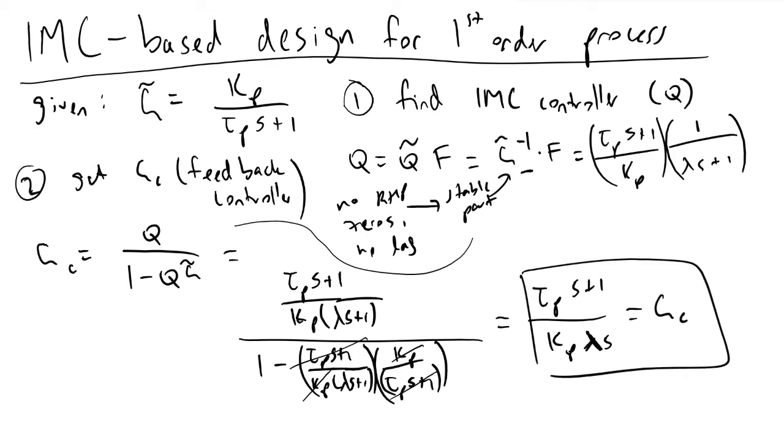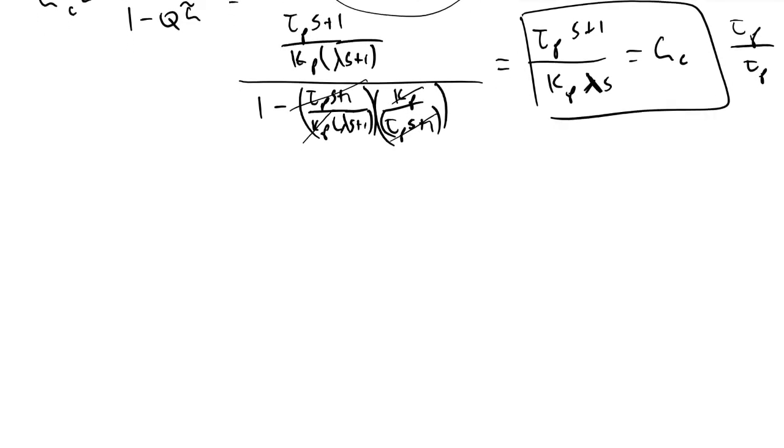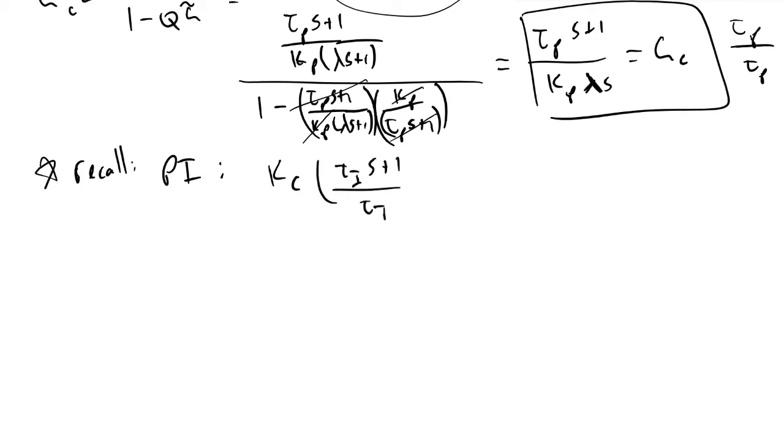And so now that we know Gc, we're going to multiply it by tau p over tau p to get it into a form that more closely resembles a PID, and more specifically a PI controller in this example. First, we're going to recall the PI controller has a form Kc times tau I s plus 1 over tau I s, and this is equal to Gc of a PI controller.